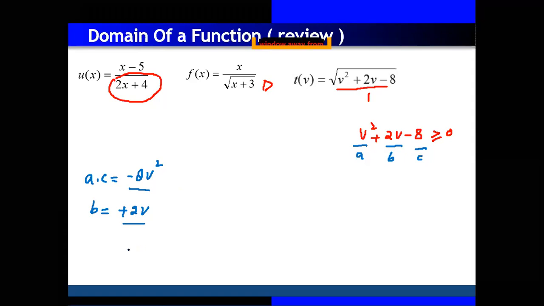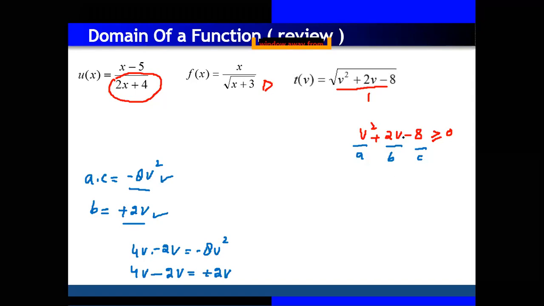The two numbers are 4v and minus 2v. When you multiply 4v with minus 2v, the result is minus 8v square. When you add 4v with minus 2v, 4v minus 2v equals plus 2v. Both conditions are satisfied, the first one and also the second one.